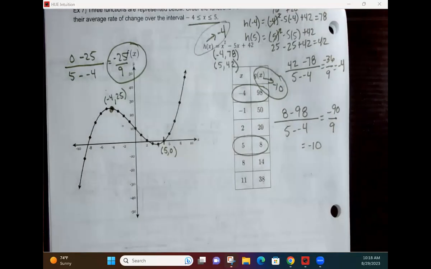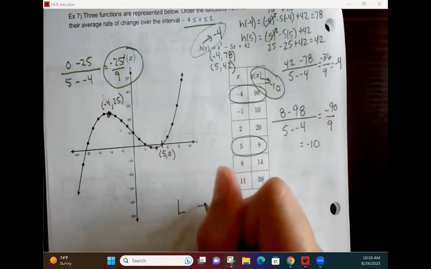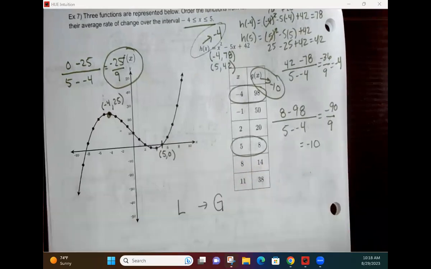Now we want to order these. We found all those rates of change. Now we want to order those functions according to their average rate of change from least to greatest. So smallest change to greatest change. I want to point out it says change, not the actual value itself.